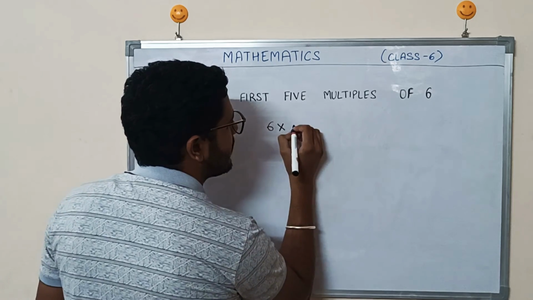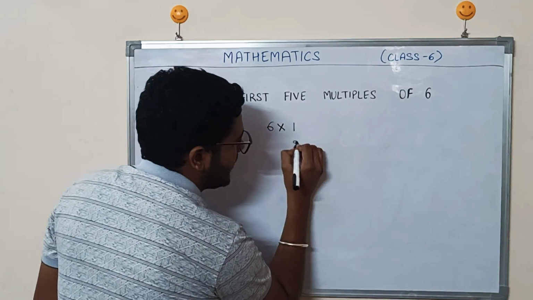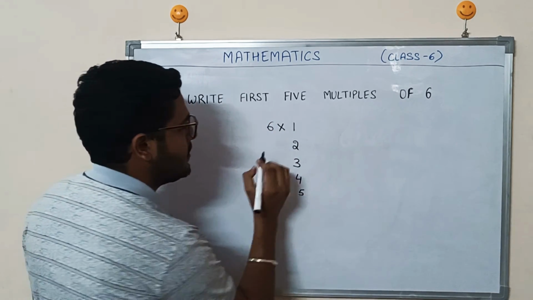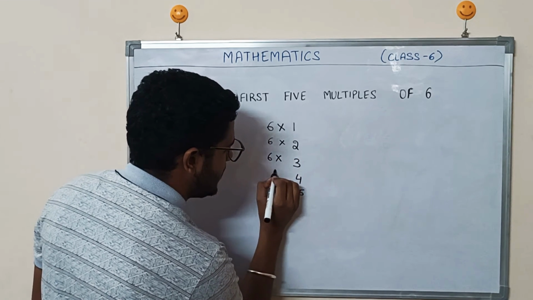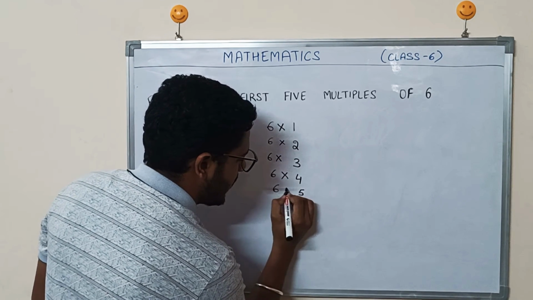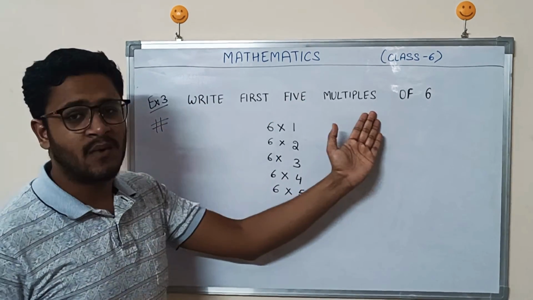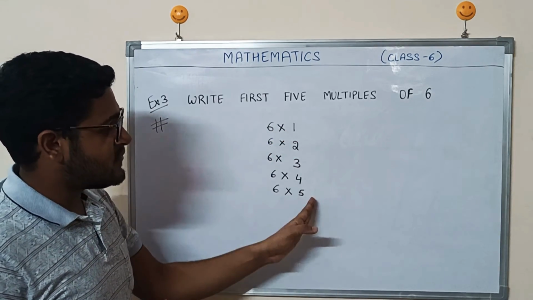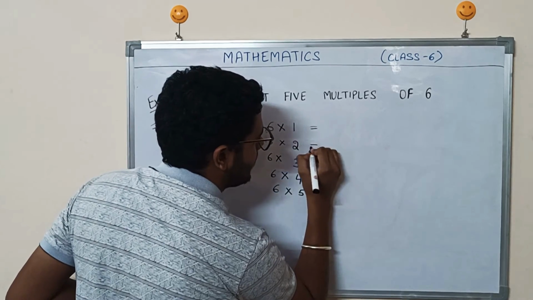The first natural number is 1, the second is 2, then 3, then 4, then 5, right? What we will do is 6 into 2, 6 into 3, 6 into 4 and 6 into 5. So in order to find the first 5 multiples of 6, we multiplied 6 with the first 5 natural numbers. So let's find them out.